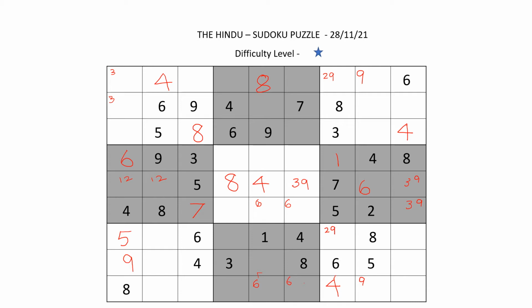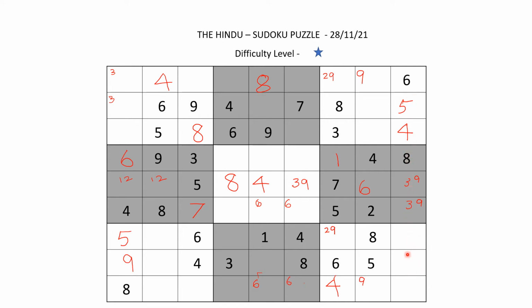Now friends, you would have noticed that I have missed out 5 here, right? See 5, this 5 blocks this cell, and we have a 5 blocking this cell. So we have an empty cell where 5 can go. So this we have missed out in the initial scanning. Now that makes this column left over with 3 empty cells.